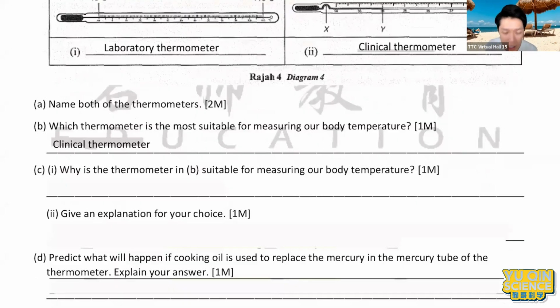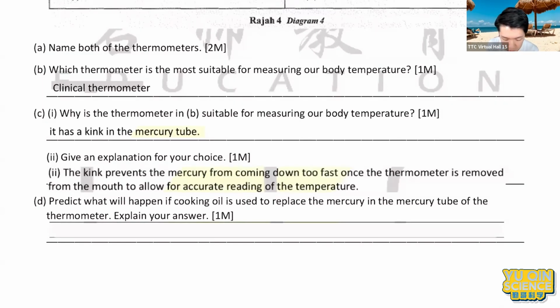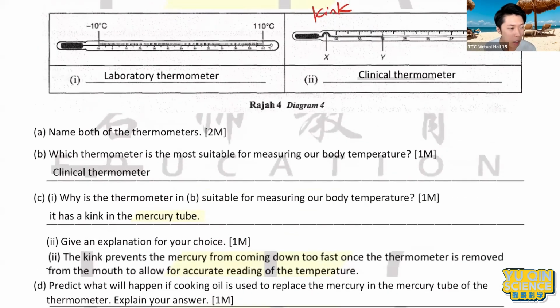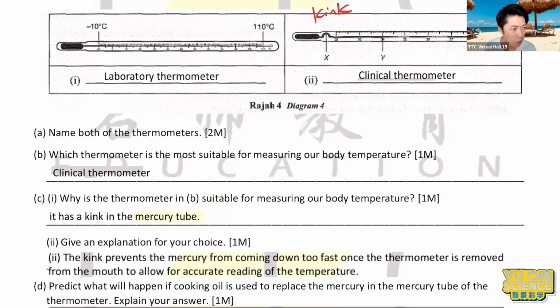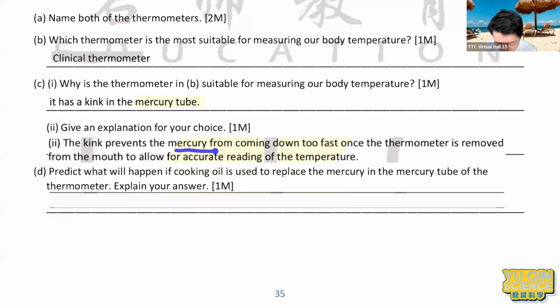The kink prevents the mercury from dropping too fast. Why is the thermometer in B, which is this one, suitable for body temperature? Because there is a kink. So why does the kink help? It prevents mercury from coming down too fast once the thermometer is removed from the mouth.